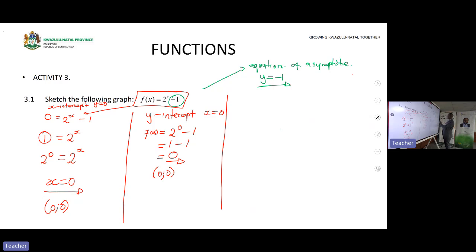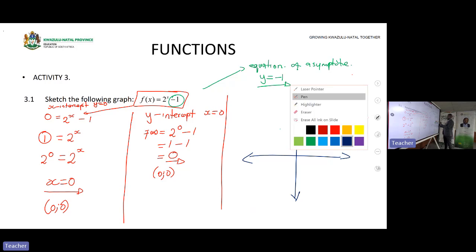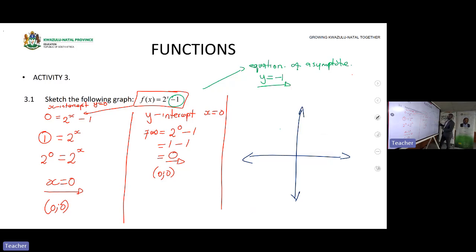So we are now going to sketch this graph. Sketching this graph will require us to first indicate our asymptote here. We said the equation of asymptote is -1. So let us indicate our equation of asymptote, which is y equals. So this is a horizontal asymptote.